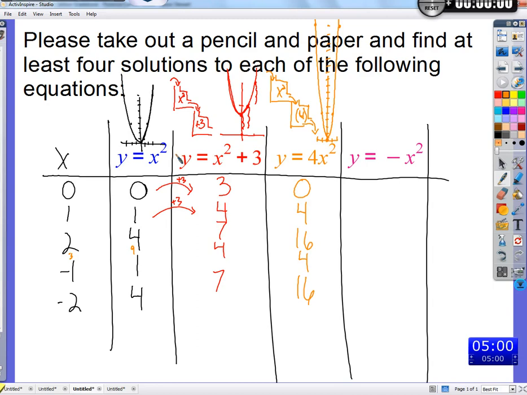If negatives just flip it, then what would make it less steep if it's not negatives? 0? Well, if you did 0 times x squared, then you just always get 0. You get a flat line at 0. What can make it less steep? This makes it 4 times as steep. What would make it half as steep? A fraction, like 1/2. Multiply by a half.